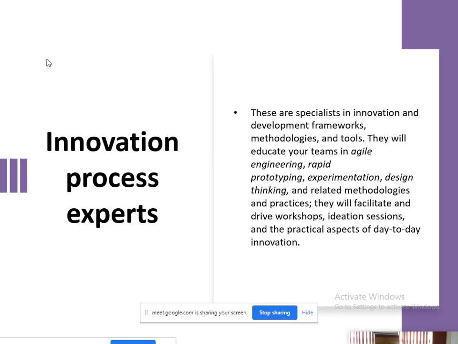So today I'm going to start from this PPT, the innovation process expert. From this topic only you can understand we are going to talk about the process, like rapid prototyping. So we will create a small prototype of whatever new idea we have thought about. The second one is experimentation. Whatever new ideas we are thinking, we have to try them to check whether the problems we want to solve actually get solved with our new ideas.